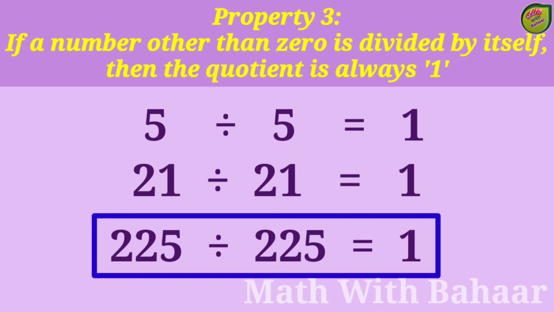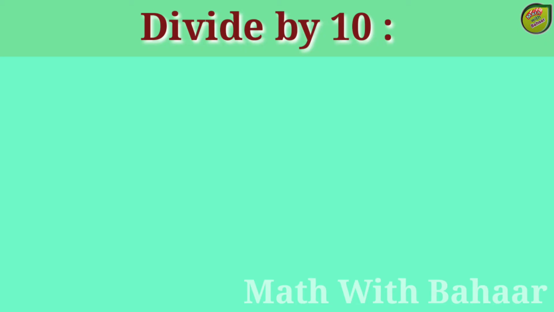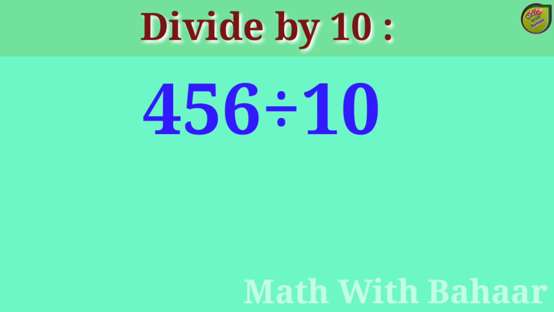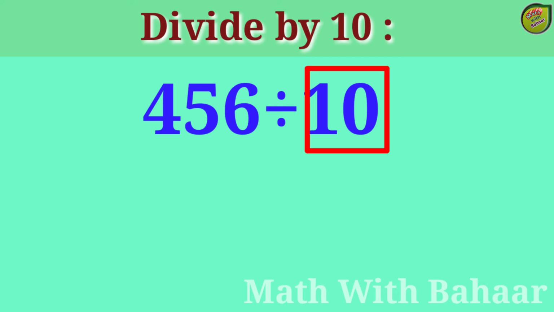Now we shall try to understand the division by 10, 100 and 1000. So let us first learn to divide by 10 without performing the actual division method. So let us take an example as 456 divided by 10. So here the dividend is 456 and the divisor is 10.